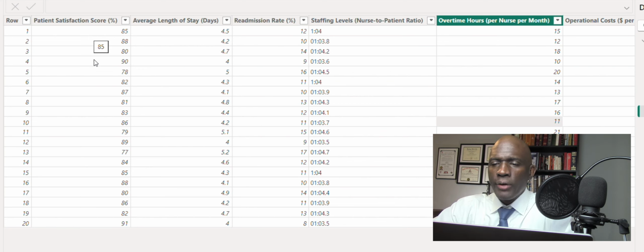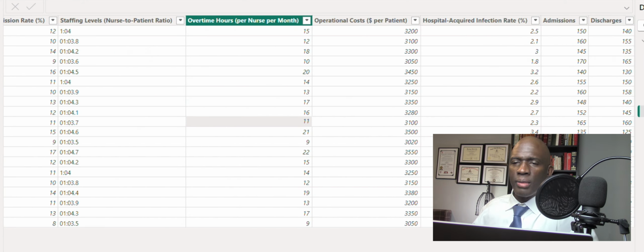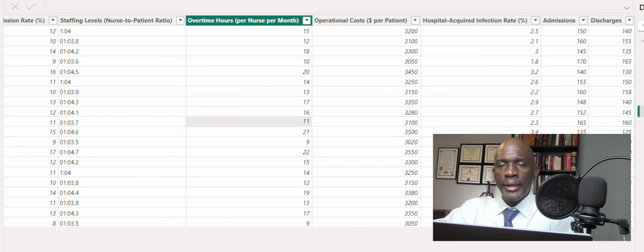But anyway, if we move right over to the next column, it says overtime hours per nurse month. Okay, so if I had to guess, because I'm not in hospital administration and I am not a hospital professional, I would say that a per nurse month would be the number of hours that a nurse works in one month, right?